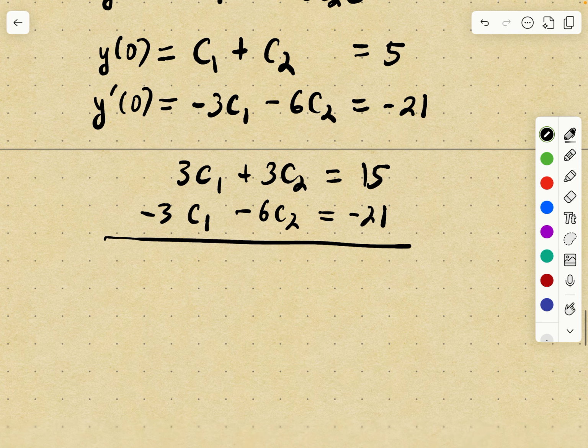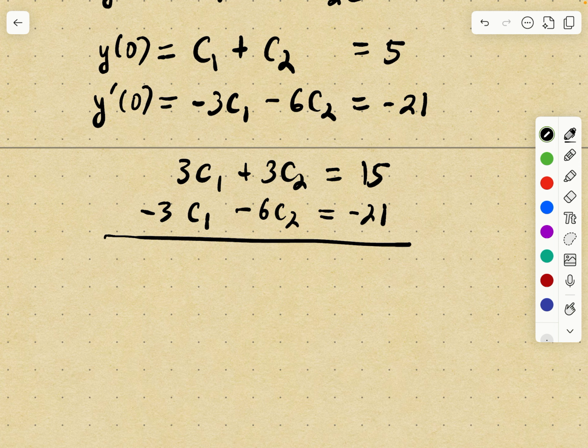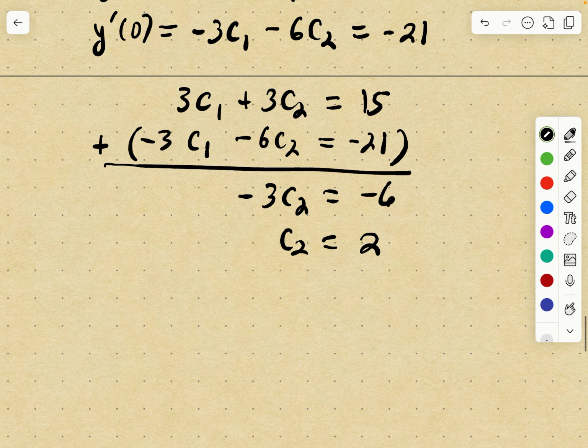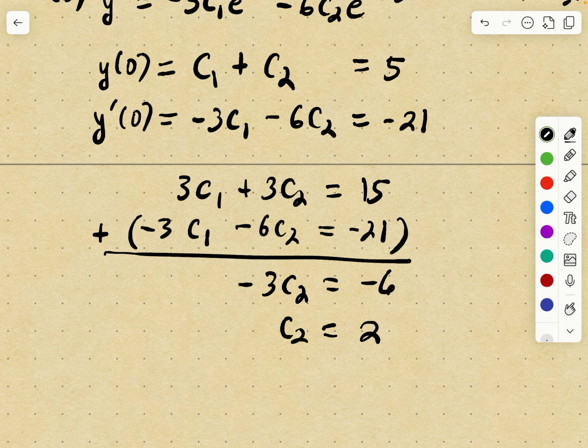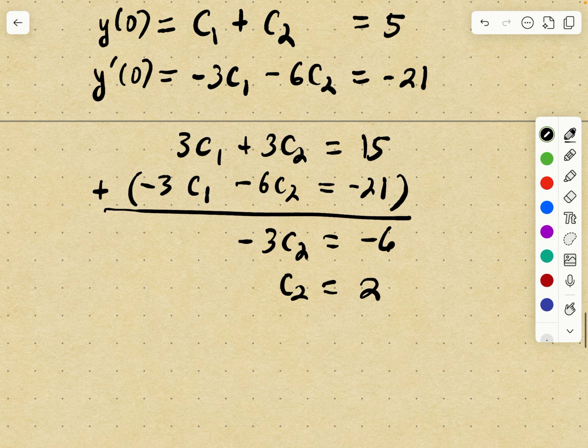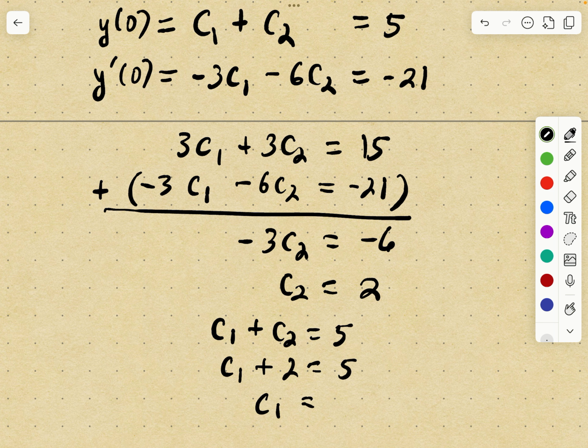If you add the two equations, you get 3c2 minus 6c2, negative 3c2 is negative 6. Divide both sides by negative 3, c2 is 2. Then you plug in your c2 into the first equation, because it's easier: c1 plus c2 is equal to 5, c1 plus 2 is 5, c1 is 3.